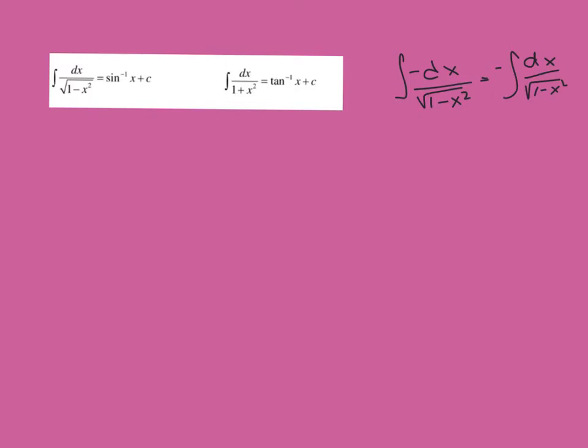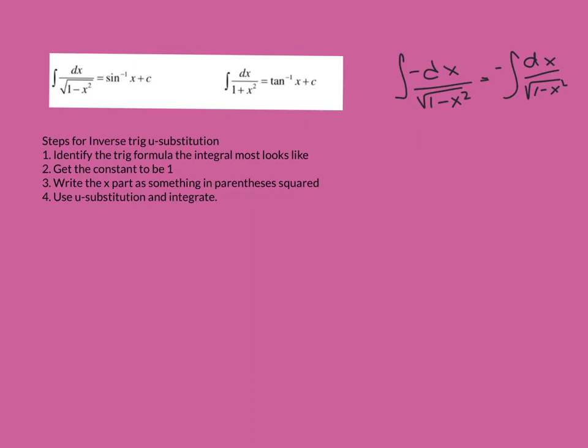So I'm going to give you a few steps that will help you when you're doing u substitution, and then we'll do some examples. As you're doing the problems, cross-reference these steps. The first thing you're always going to do is look to see what the integral most looks like.